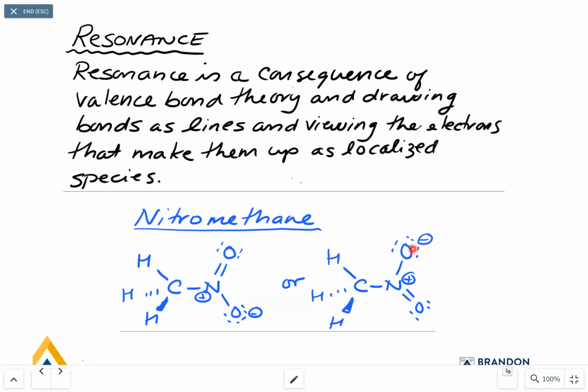And so the problem with Lewis structures is that it treats all the electrons like they are a localized species. Said another way, electrons, if they can move from this oxygen to this oxygen, they will.